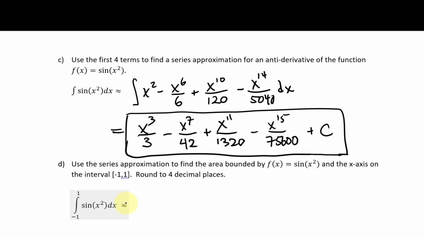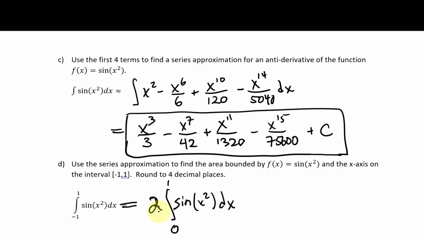What we could do is say it's exactly equal to 2 times the integral from 0 to 1. You don't have to do that, but it's convenient. That way I only have to plug in 1, and when I plug in 0, it'll simplify easily. So I'll take advantage of that.